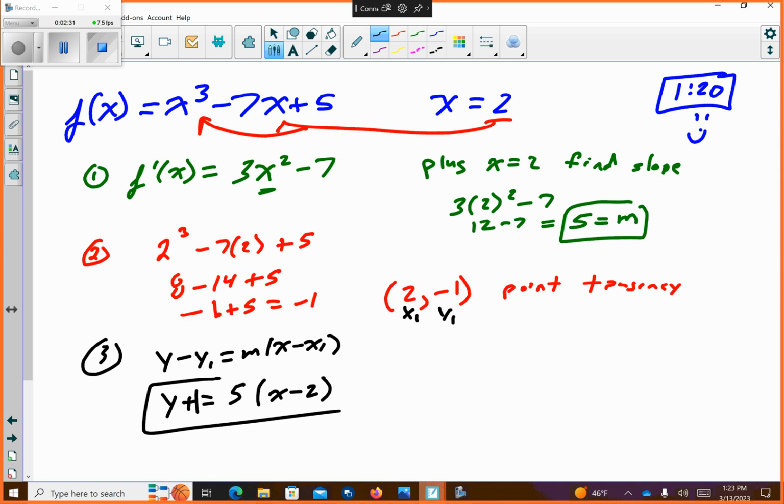So x plus 1 is equal to 5 parentheses x minus 2. That is the equation of the tangent line at 2 to the original equation. Seem okay? Any questions for me there?